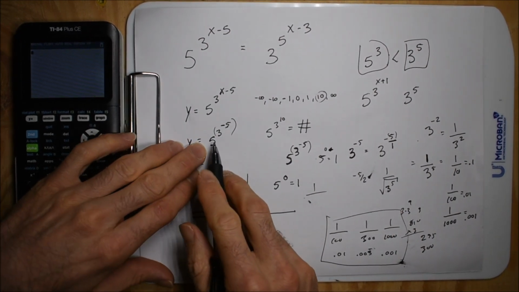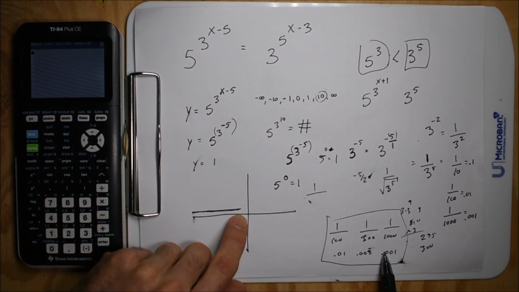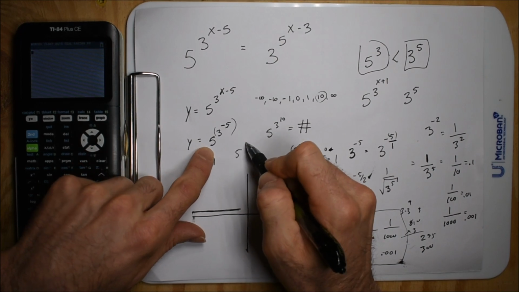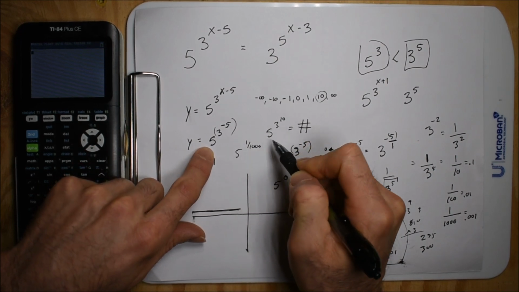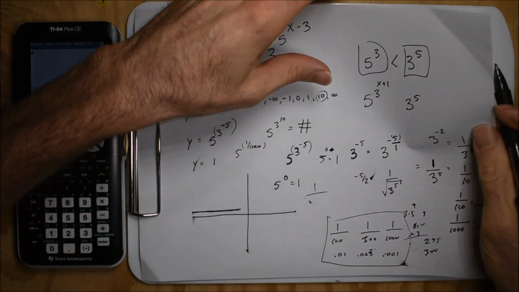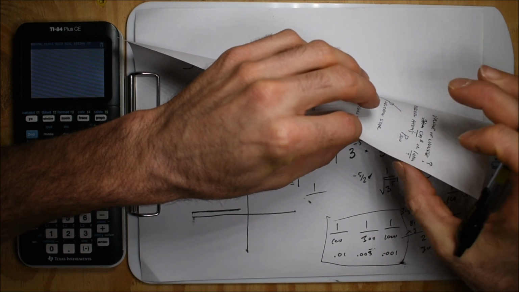And even when x is 0, right here, we're so close to 1 because we're taking 5 to the 1,000ths. Now in my book, 1,000 sheets of paper is like 4 inches thick.